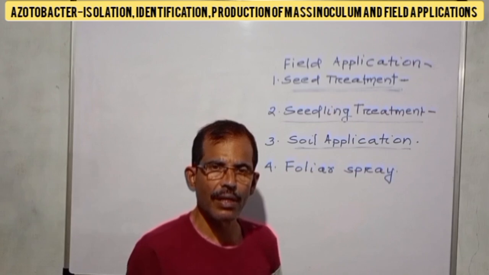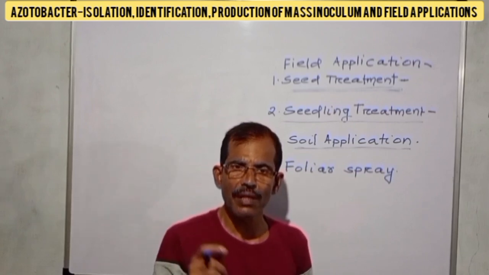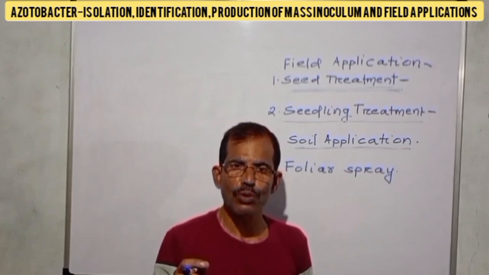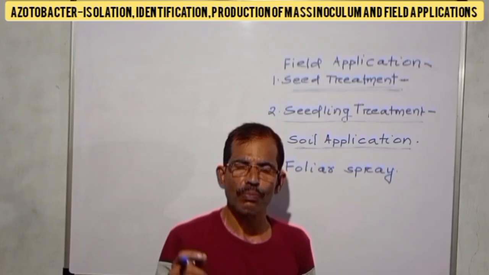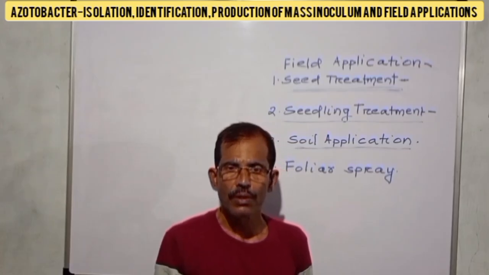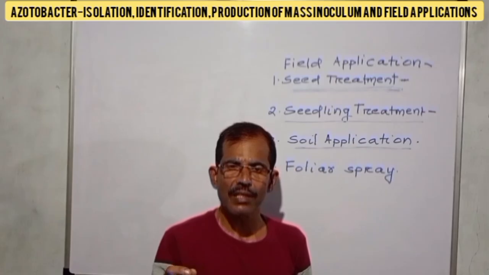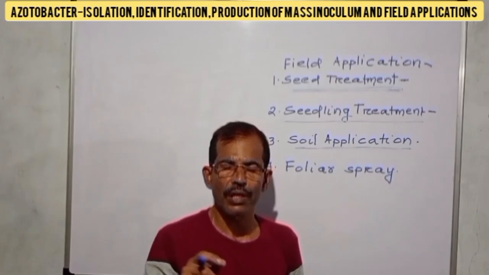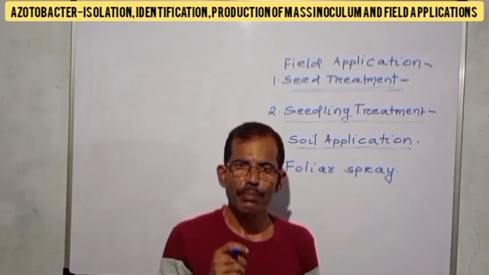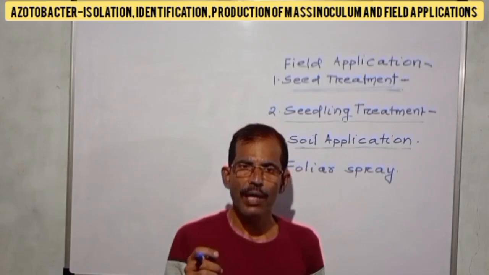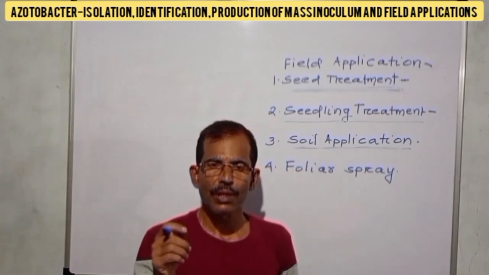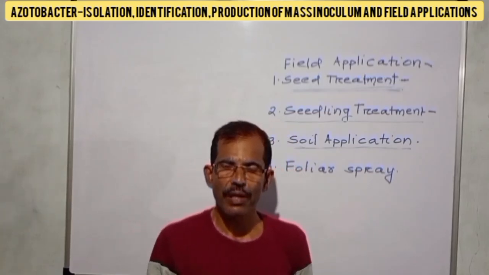In this method, azotobacter is mixed in suitable proportion with organic compost or farmyard manure. The resulting mixture is then directly broadcasted on the soil before plowing. In addition, azotobacter can also be applied as a biofertilizer to the plants as foliar spray.